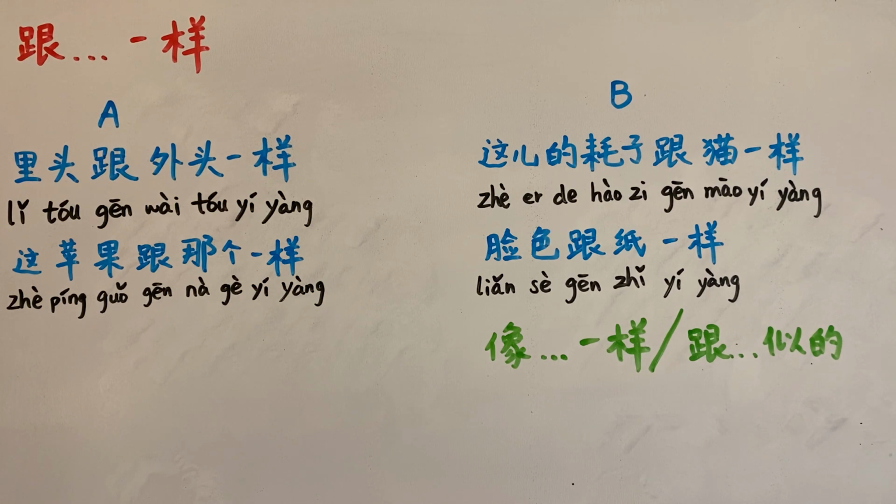So with 里头 we compare maybe two rooms, or the temperature between inside and outside, or the humidity, the light, the darkness. So it's a comparison between two things, but the things are different in this group B.